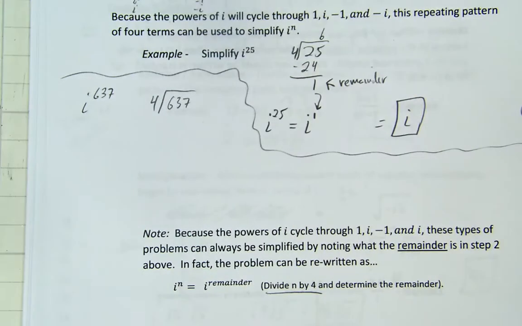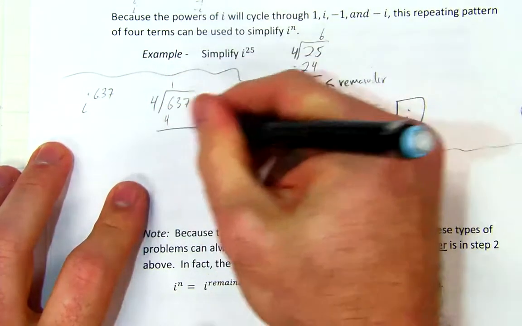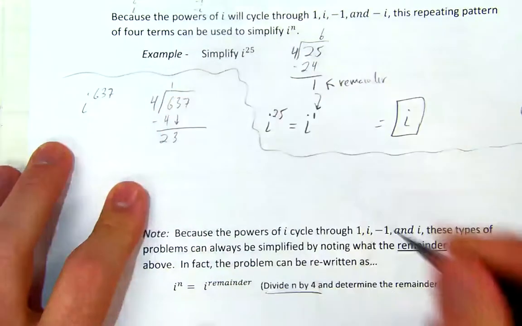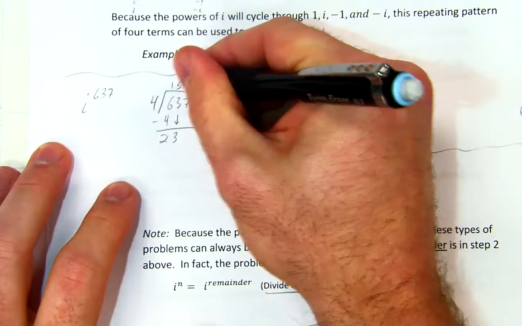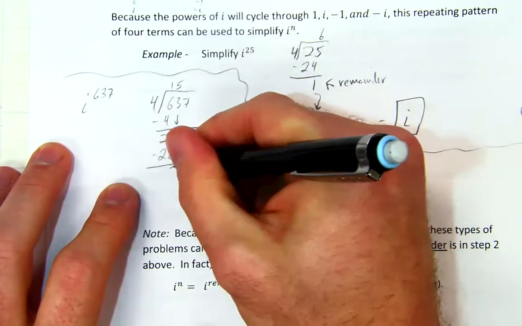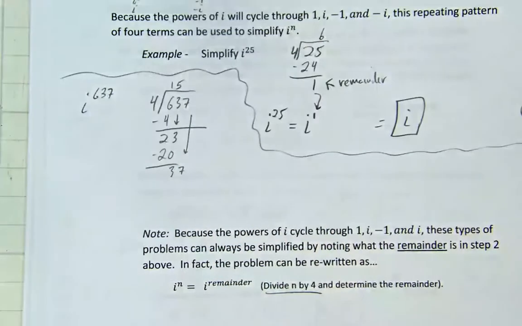Divide that by 4. 4 goes into 6 once. That's 4. Draw the line, change the sign. There's 2. Let's bring down a 3. 4 goes into 23 5 times. Multiply, subtract, there's a 3. Then 37. How many times does 4 go into 37? 9 times.